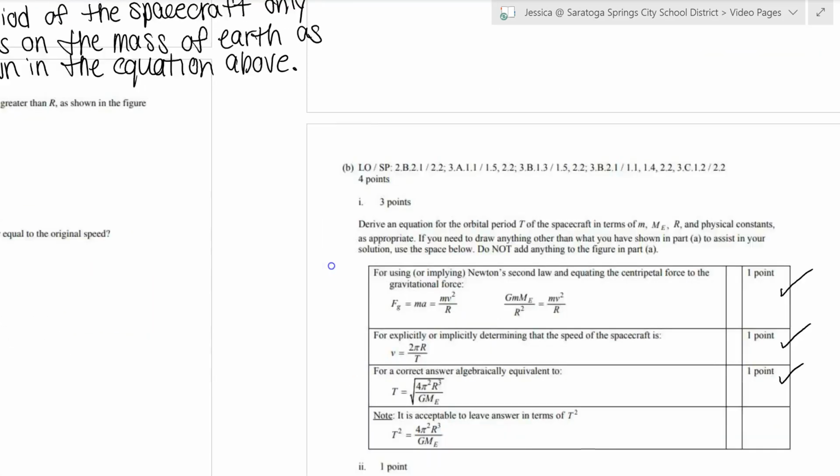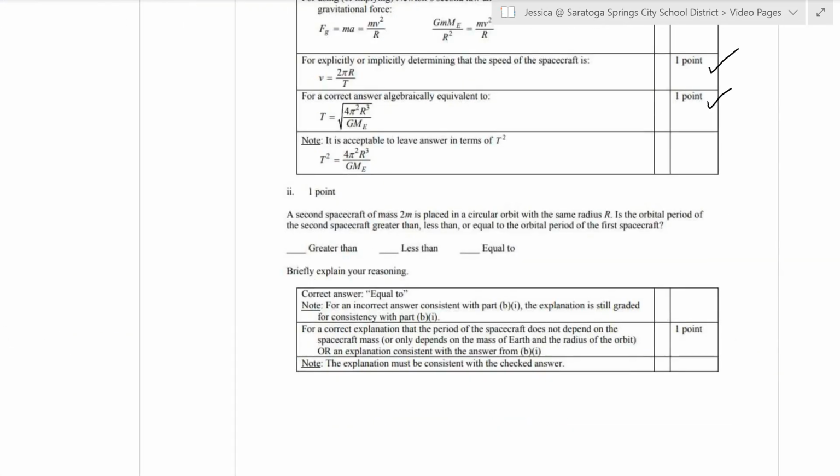Let's make sure I got all my points there. It's 1 point. I don't get any points for saying equal to. My points come from a correct explanation that the period does not depend on the spacecraft or only depends on the mass of Earth and radius of orbit, which I said. And again, it says, or an explanation consistent with the answer from B1. So if you had gotten the equation wrong from B1, you could still get credit for B2.